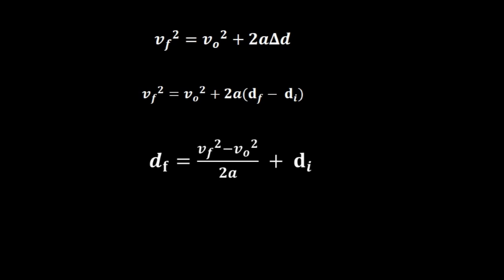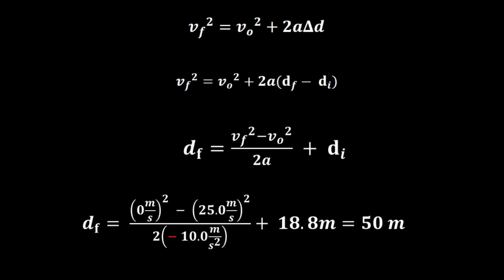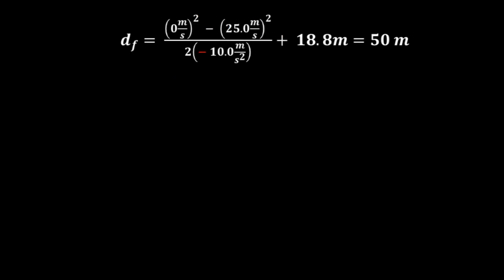But now you want to see how far you are going to go during this deceleration process. You're going to go the left term plus the right term plus 18.8 is 50 meters.